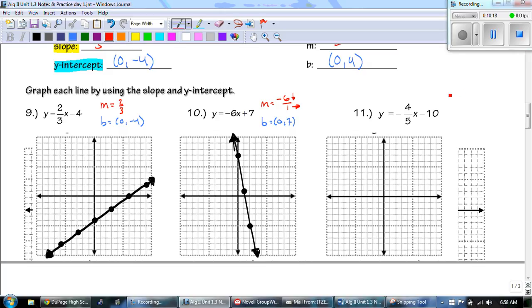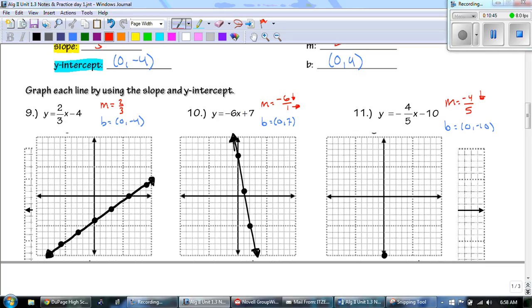All right, so number 11 now. Looking at our slope is -4/5, and then our y-intercept, where we begin on the y-axis, is -10, okay? So when we go to -10 all the way down here, I can't go down 4 and over 5, because it's falling, that's what I have to do.